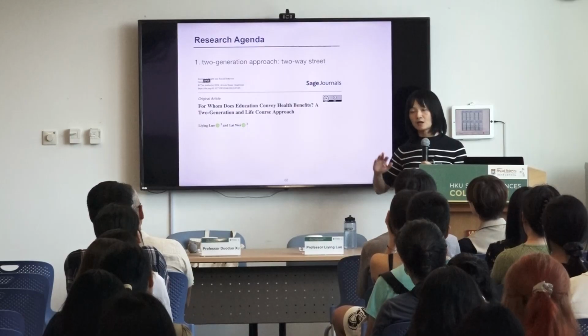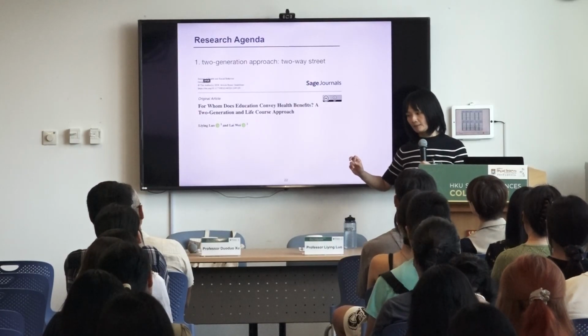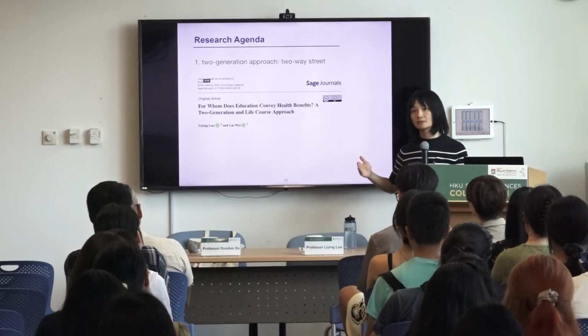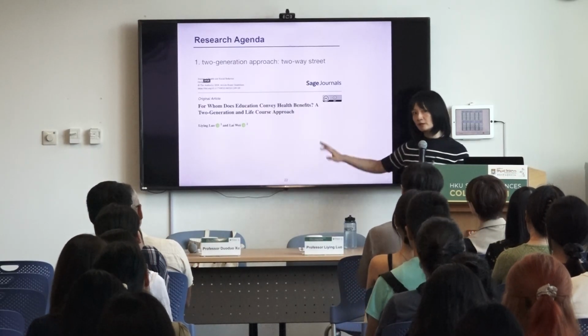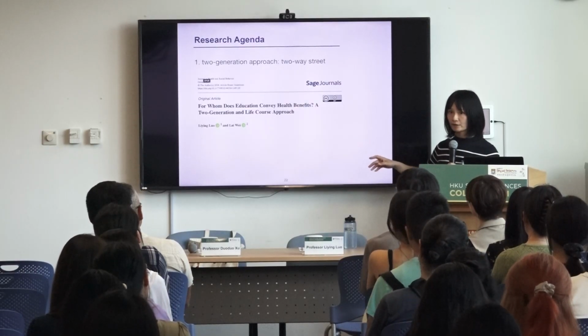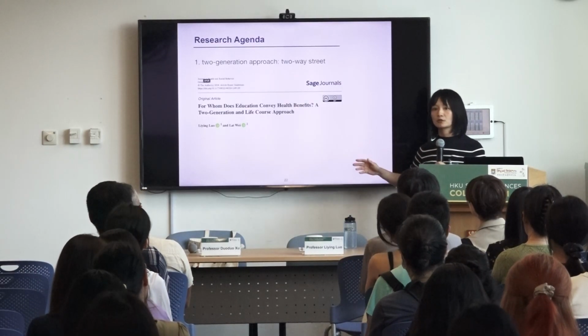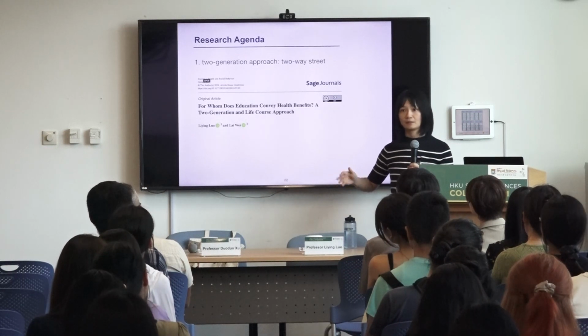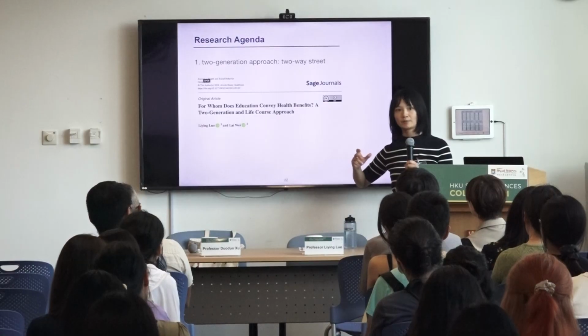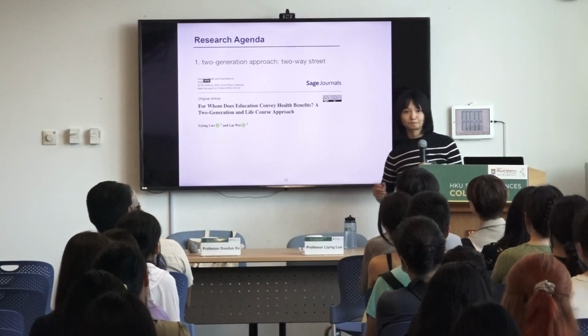We know there are ongoing debates about how college education pays off in income benefits across socioeconomic groups. Here we show that the health benefits of college education are very similar across socioeconomic groups. It doesn't matter whether you are coming from a disadvantaged or advantaged background. As long as you go to college, the health benefits are very similar.